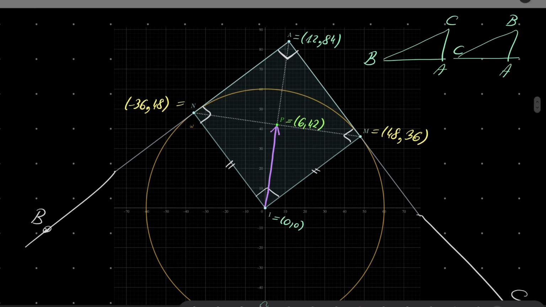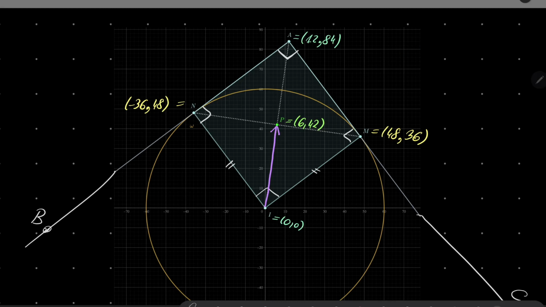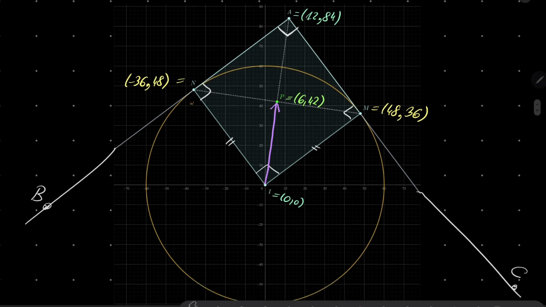If you consider these two triangles to be different, then multiply the result which we get by 2, and it doesn't really matter. For me, it's 18. And that closes our problem.